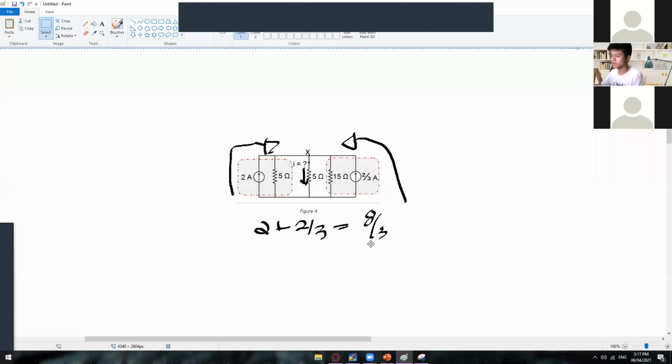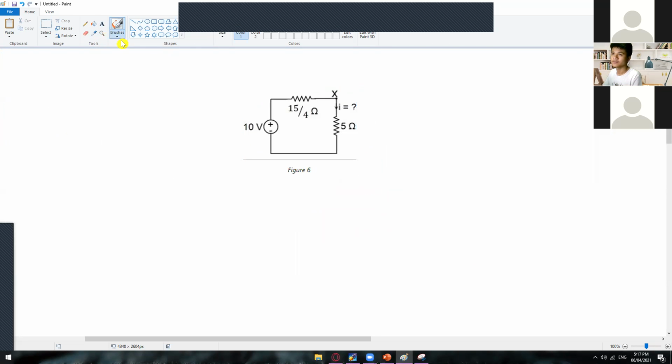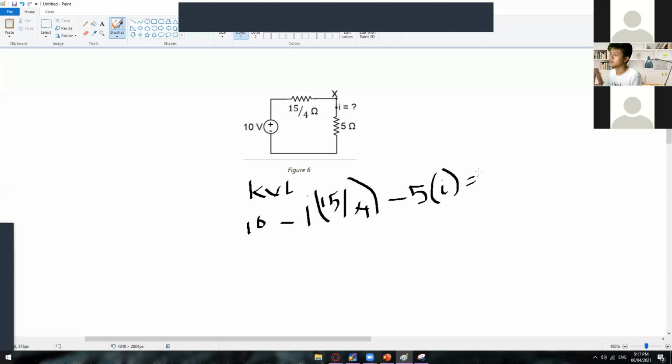Having that one, let's solve this with our own solution. Apply KVL. So we have positive 10 volts minus I times 15 divided by 4 minus 5 times I equals 0.